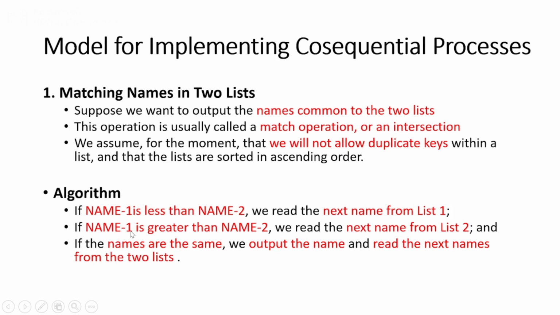If name 1 is greater than name 2, we read the next name from list 2. And if both the names are the same, we output the name, because if both names are the same, we found a match. We output the name and we read the next names from both the lists. Okay, so this is the algorithm.